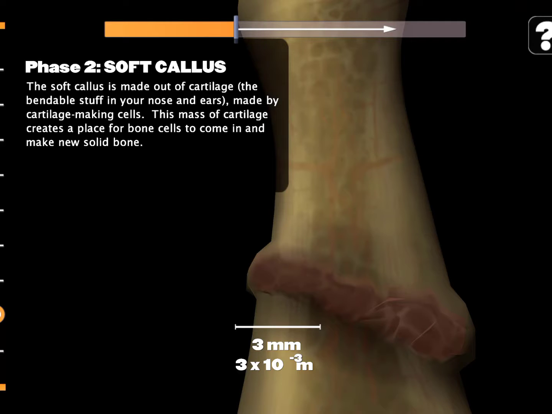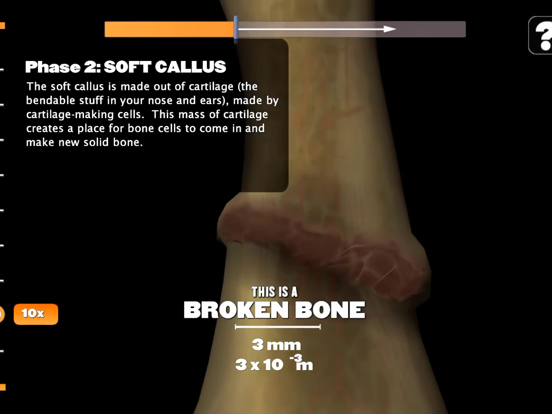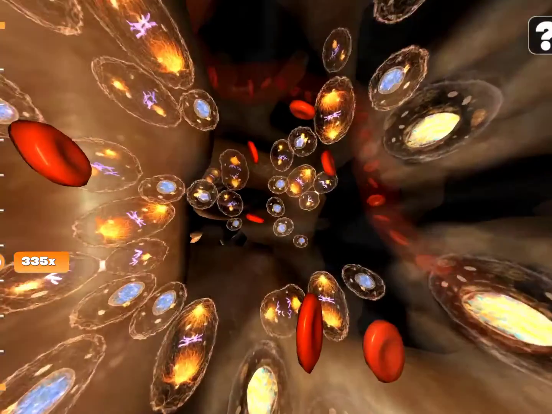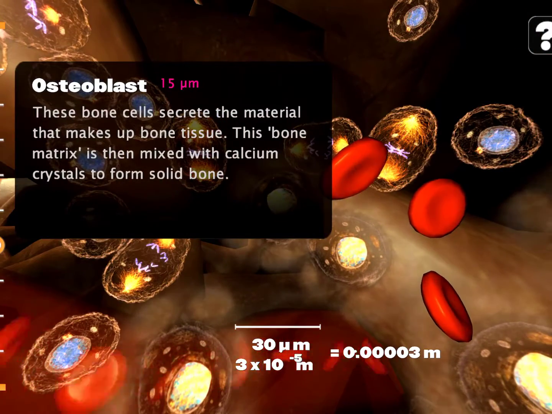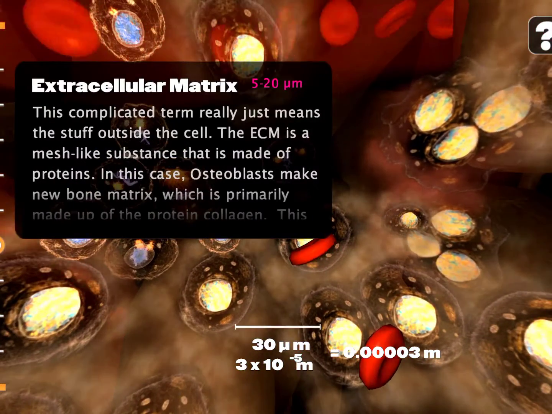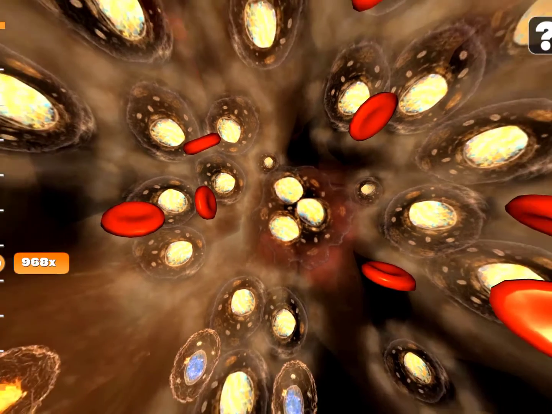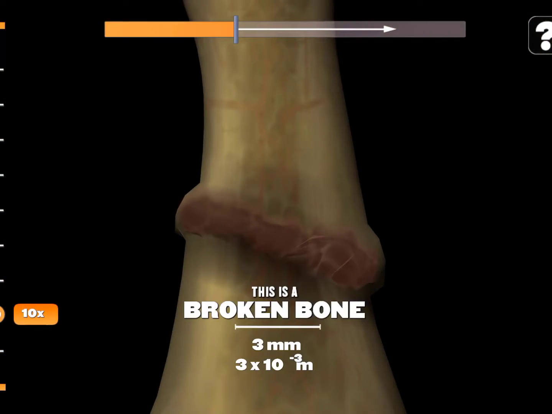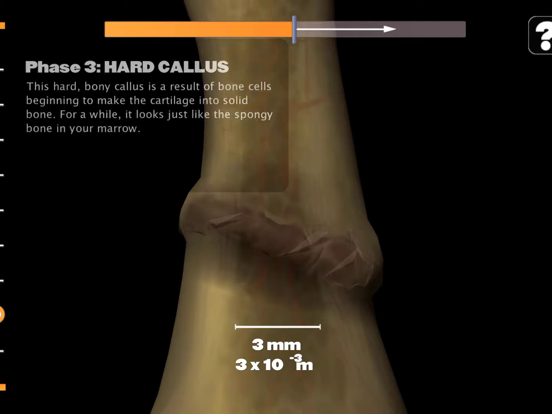The mass of cartilage replaces the blood clot, so instead of being bone, it's more cartilaginous tissue. There's still some osteoblasts and osteoclasts, but a lot of stem cells inside the broken bone. So: soft callus, mostly cartilage.